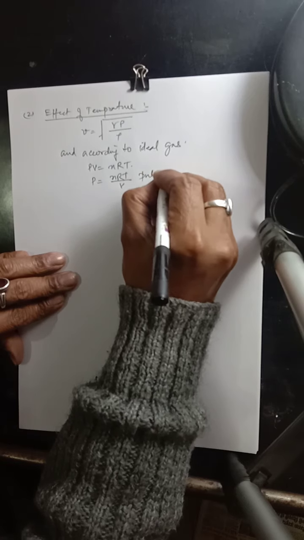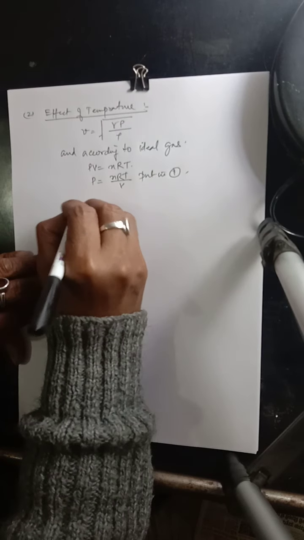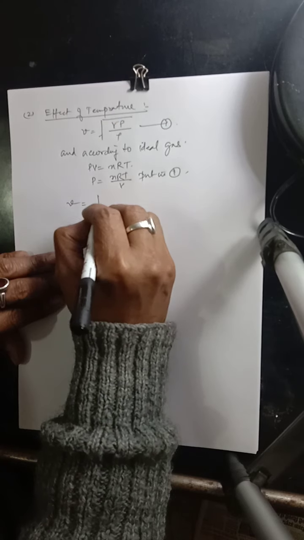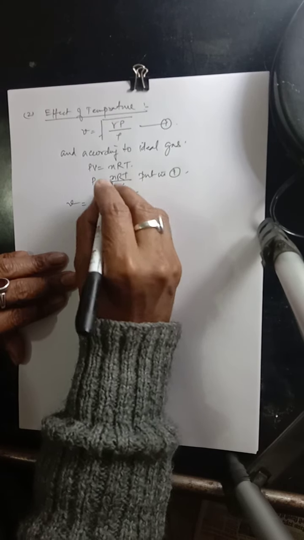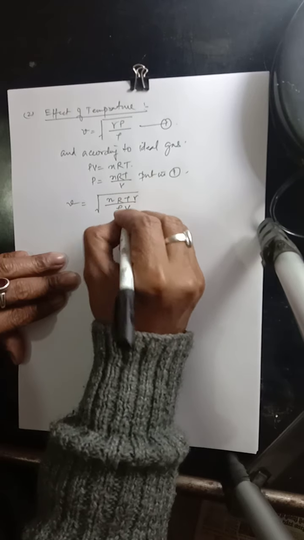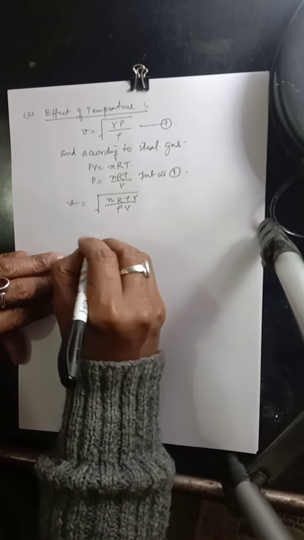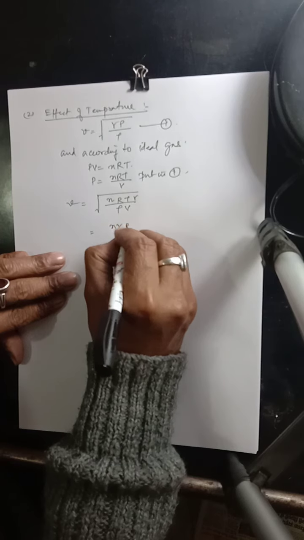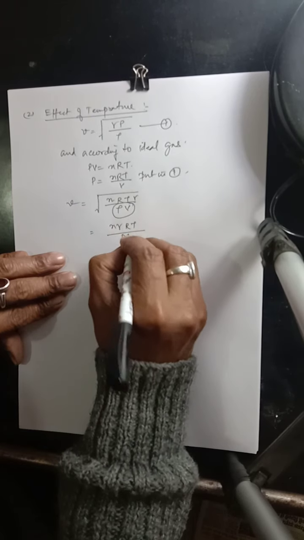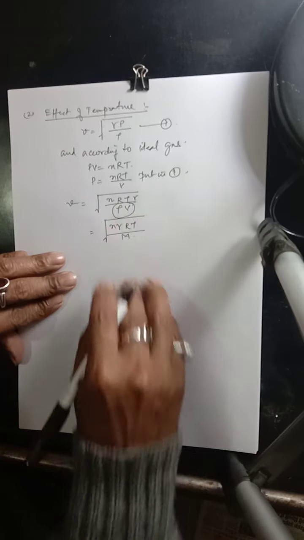Now put in 1. So what is 1? This is 1. So the value will come out as nRT gamma over density with volume, and you'll solve, and this becomes the total mass.